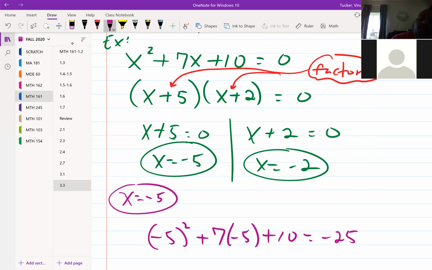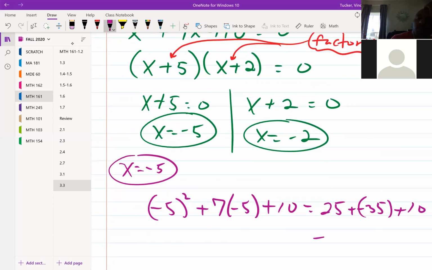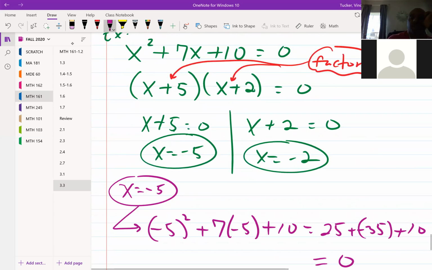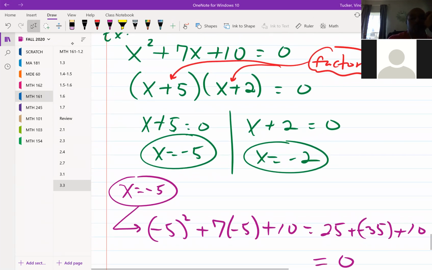So it's 25 plus negative 35 plus 10. 25 and negative 35 is negative 10, plus 10, that's 0. So that's the connection between your factors, plugging them into the function, getting 0, solutions, and all the good stuff like that.